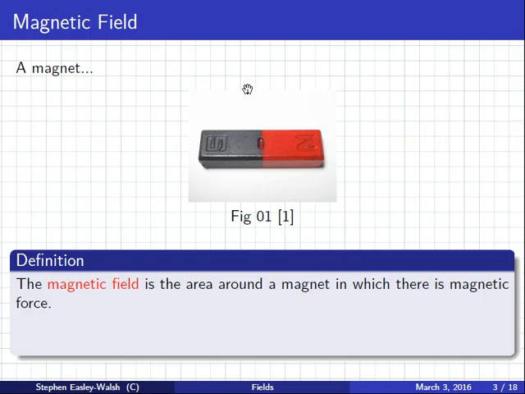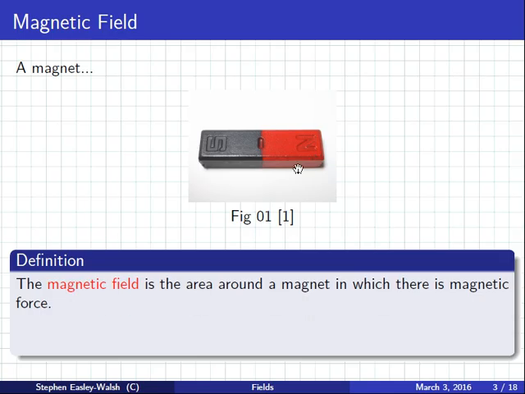Magnetic field is the area around the magnet, firstly. You got that?